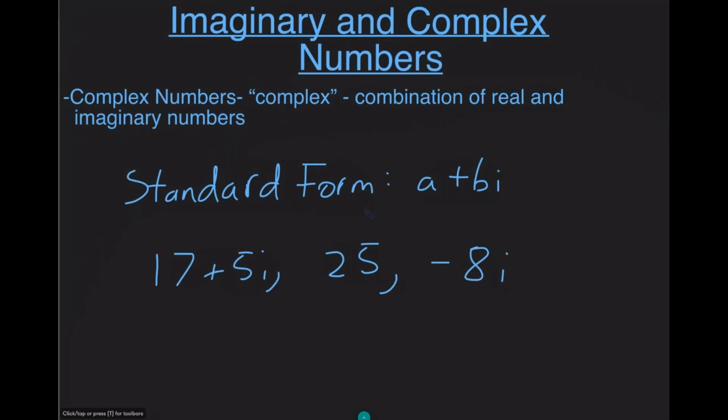Now, for 25 and -8i, the bi is not present. Well, actually, it's there, but it's like 25 plus 0i. And for -8i, it will be 0 plus -8i. These are only a few examples of complex numbers. There are infinite complex numbers.